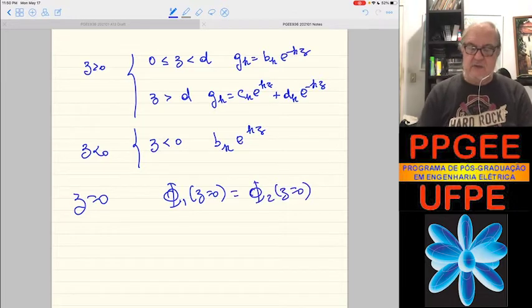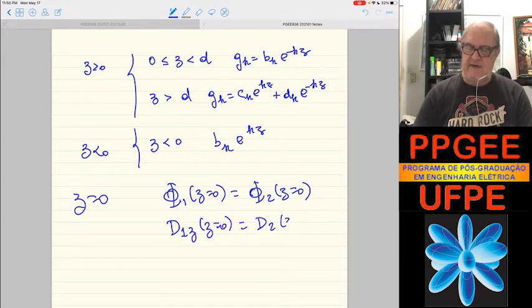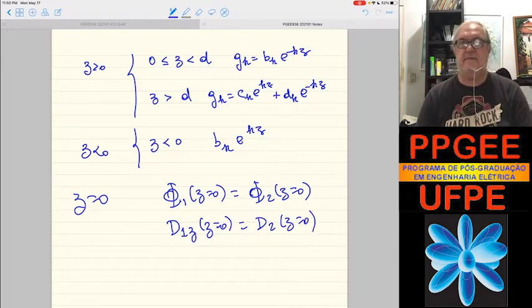The other is continuity of the normal component of the flux density vector. 2nd equation, right? We need 2 more.